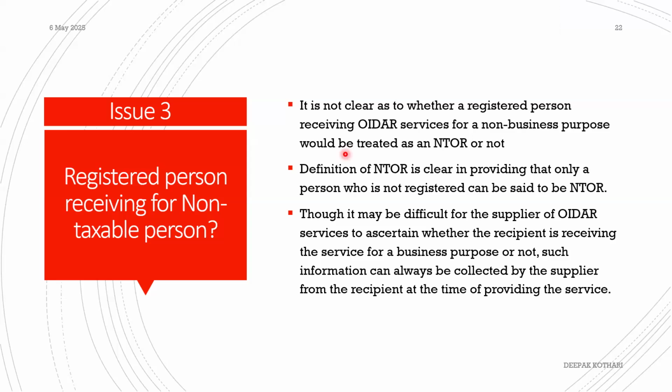Come again once again. Reverse charge is applicable on a registered person. Now, the registered person has bought some services, but he is using it for his personal use. Right. Will reverse charge be payable or not? No. But he's a registered person.